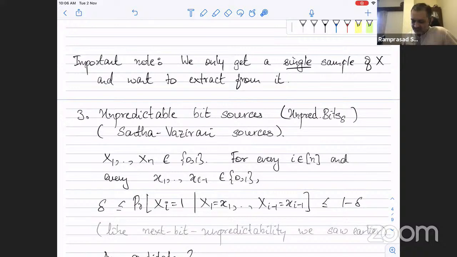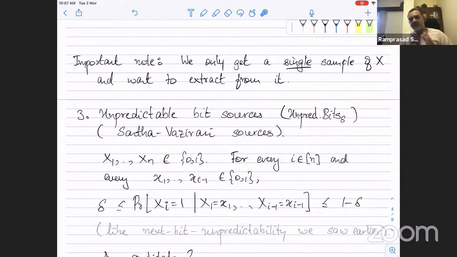Roughly, it says the following: fix any prefix that you want, the choices of the first i minus 1 random bits. Even if you condition on all of them and ask what is the probability of xi being equal to 1, that is, the ith bit being 1, there is some unpredictability. This probability is again sandwiched between delta and 1 minus delta.